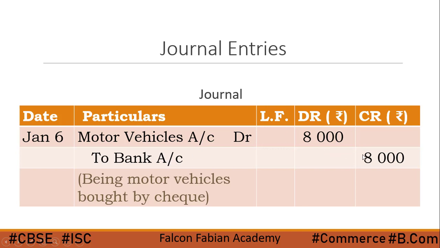And in the credit column, you will write the amount 8,000. So motor vehicles account, debit 8,000, and to bank account. Now this is the credit entry, and in the credit column 8,000. And the narrative would be in bracket and will always begin with the word being. Here the narrative is being motor vehicles bought by check.